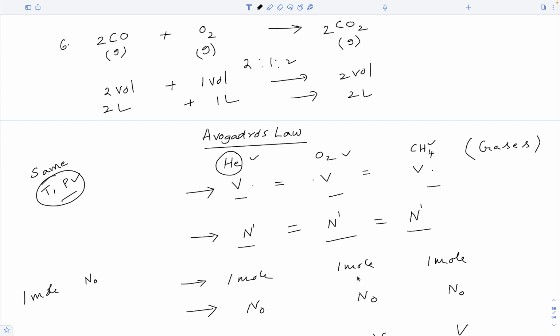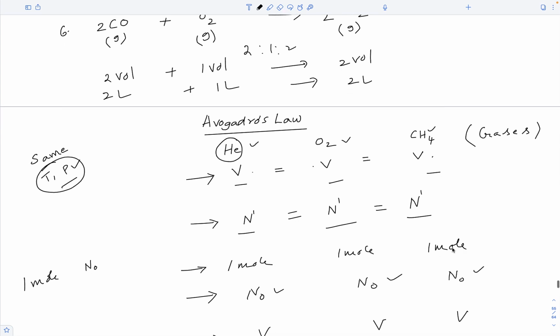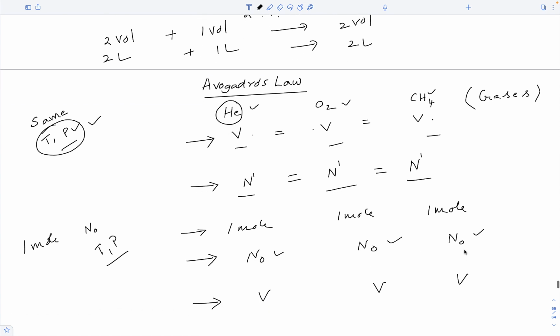So 1 mole of all gases contain the same number of molecules, and that is an Avogadro's number of molecules. So 1 mole of all gases at the same temperature and pressure will have the same volume because they have the same number of molecules.